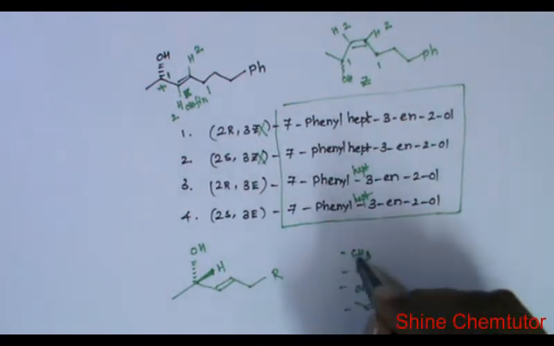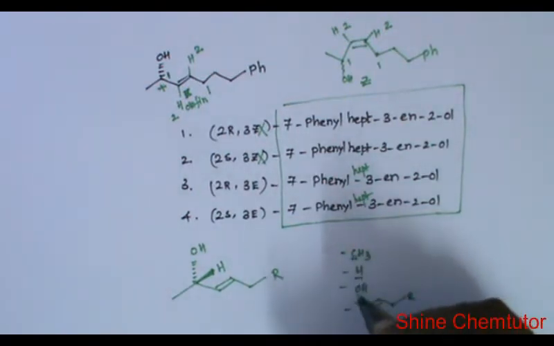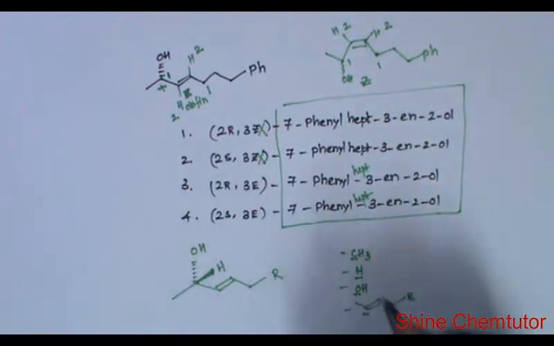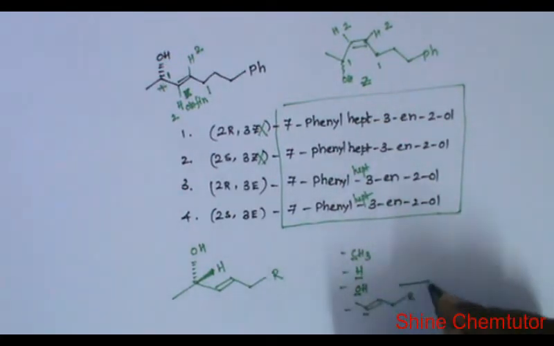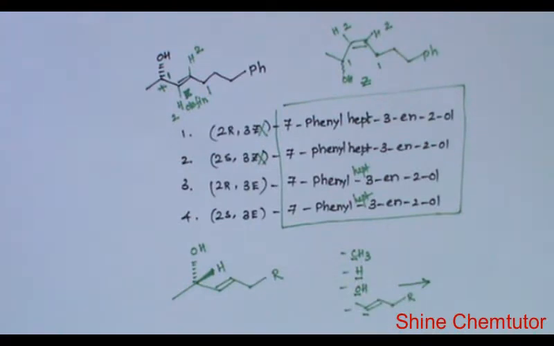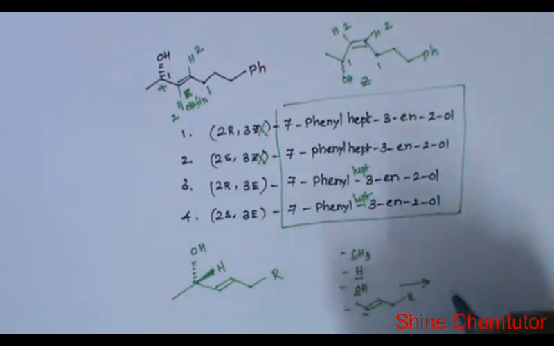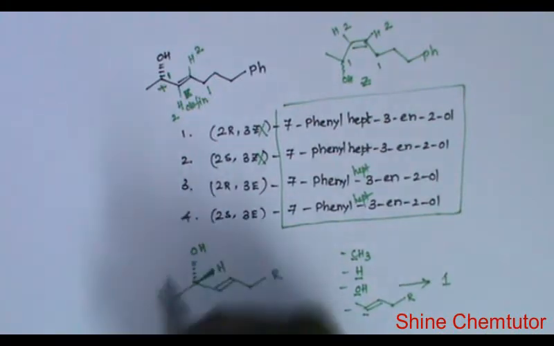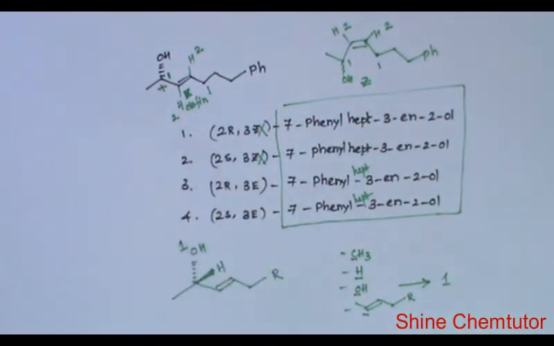Now, in this, the first atom is carbon. Here we have hydrogen, oxygen, carbon. If you compare these, oxygen has higher atomic number and mass number compared to carbon and hydrogen. So I have to give the first priority to OH. So this will get higher priority.